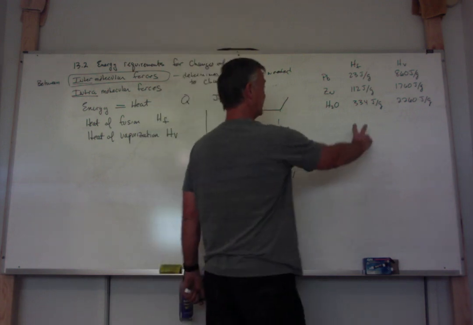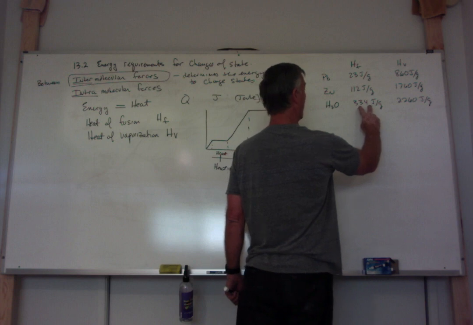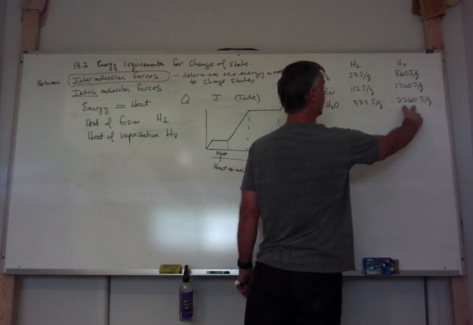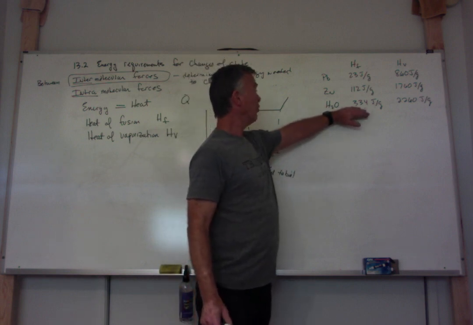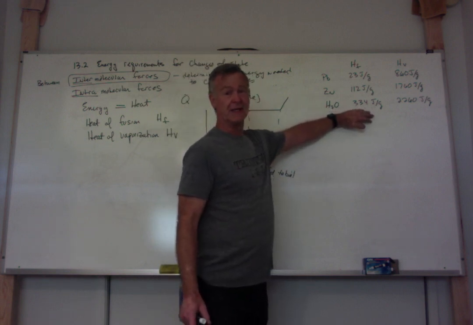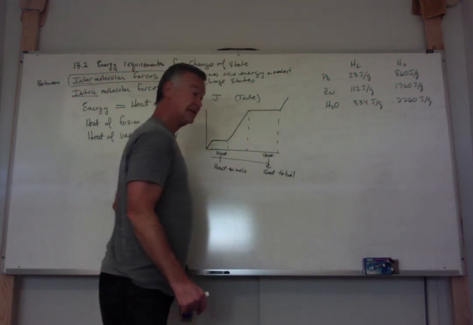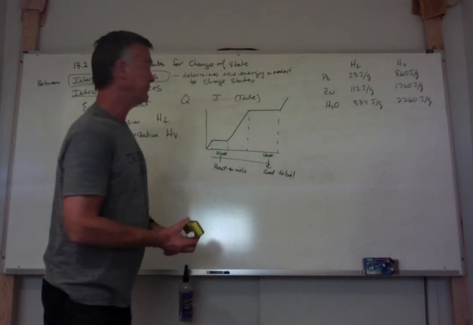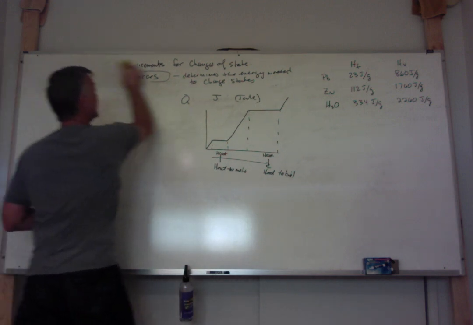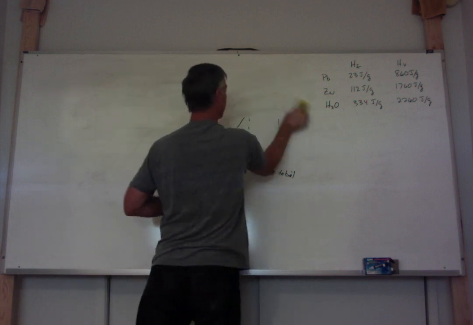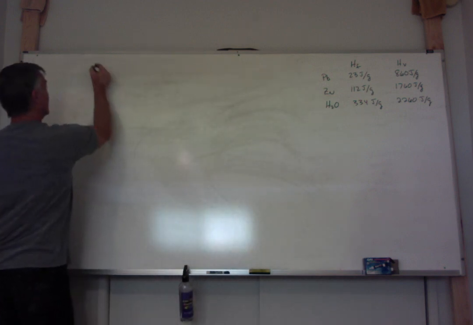Another interesting thing, look at the heat of fusion of water, and even the heat of vaporization of water. To melt water requires more energy than to melt the same amount of lead or the same amount of zinc, and that's actually somewhat surprising for most people. Now, with all of that, it turns out that the lesson today is actually fairly easy. There is an equation.